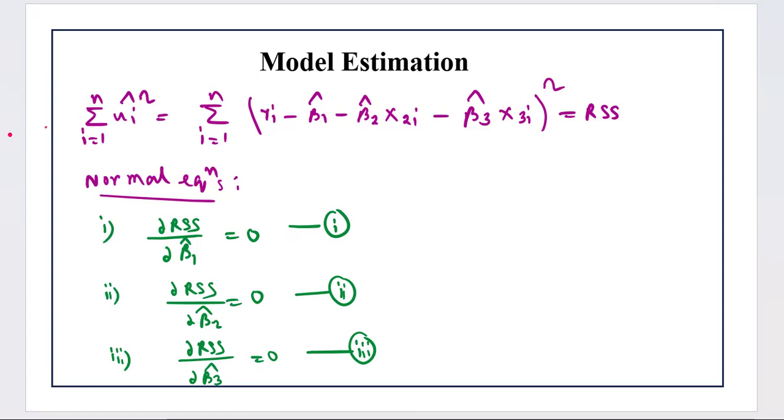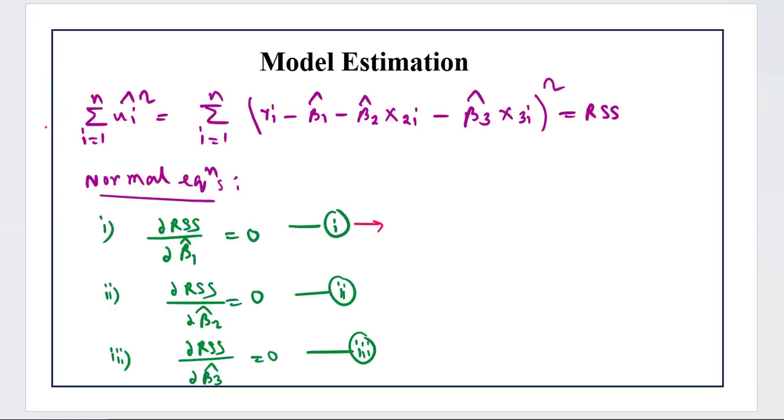Now, if you solve the first normal equation, what will you get? We are partially differentiating this residual sum of square with respect to beta 1.